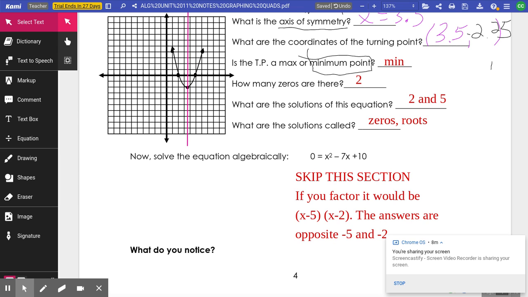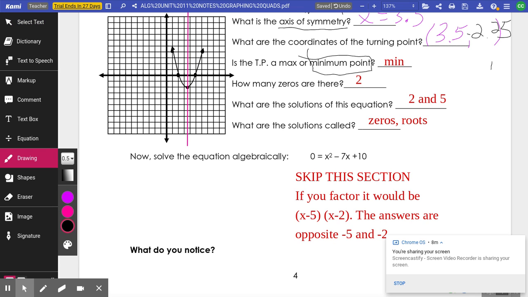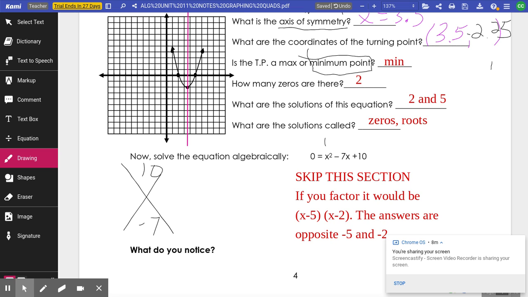If you were to factor this, you would have to go and make your x, right? So you make your x and you go, what multiplies to 1 times 10, but adds to negative 7? Well, the numbers that multiply to 10, but add to negative 7 are negative 5 and negative 2. But what do you notice about that?